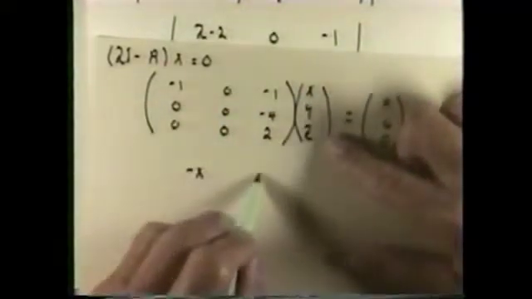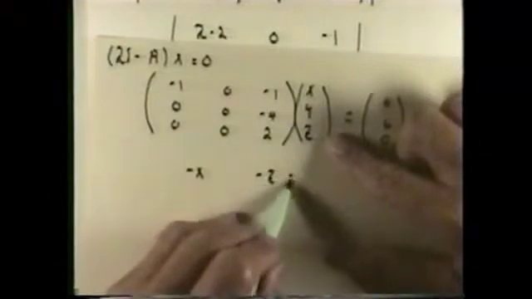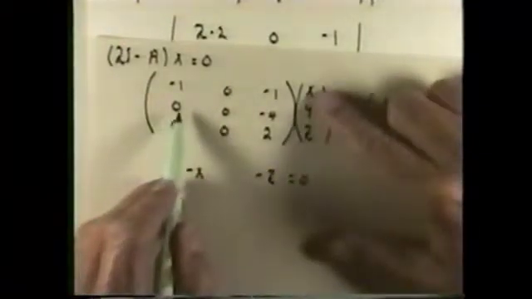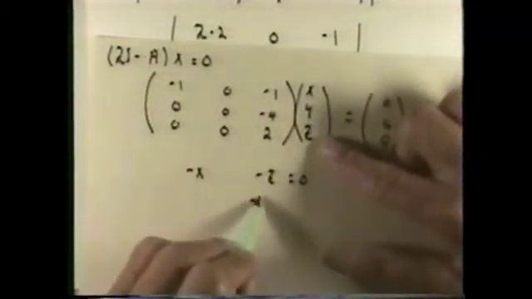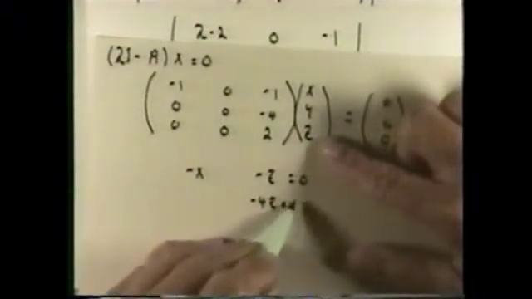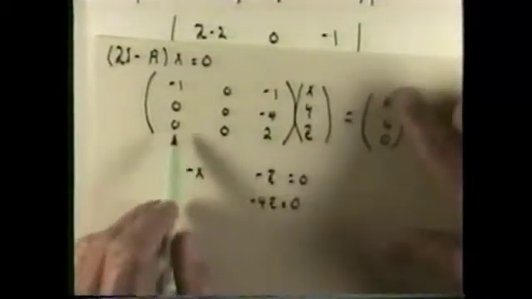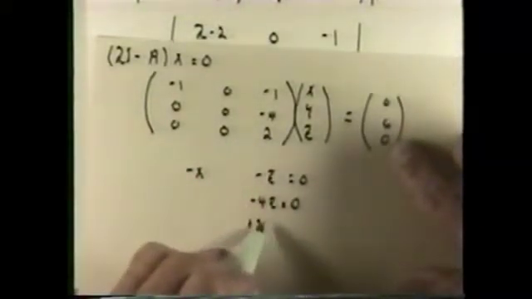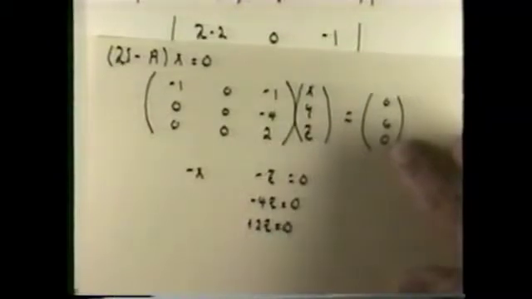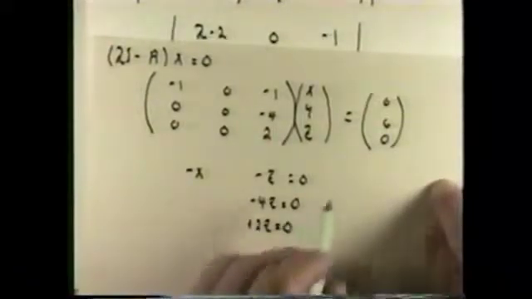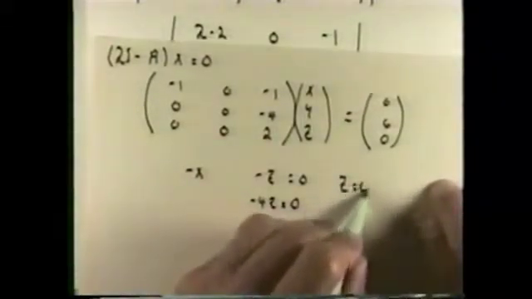Doing the same thing, this would be the opposite of x plus 0y minus z is equal to 0. 0x, 0y minus 4z is equal to 0. 0x plus 0y plus 2z is equal to 0. Well, if 2z is equal to 0, we see obviously that z is 0.